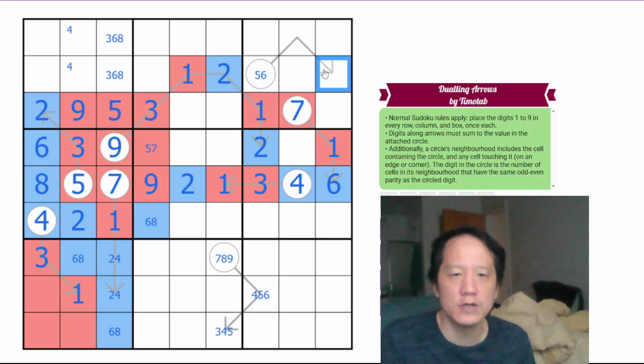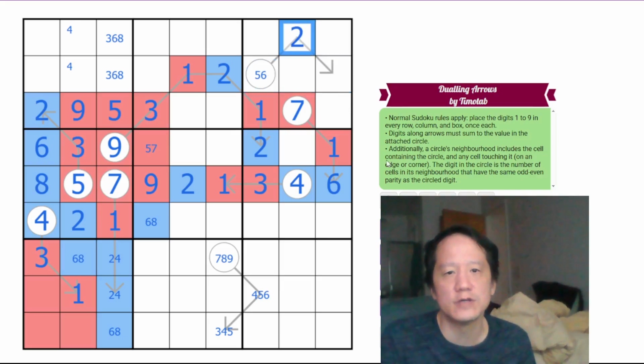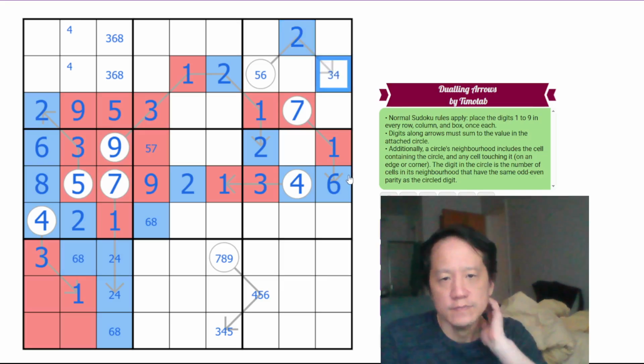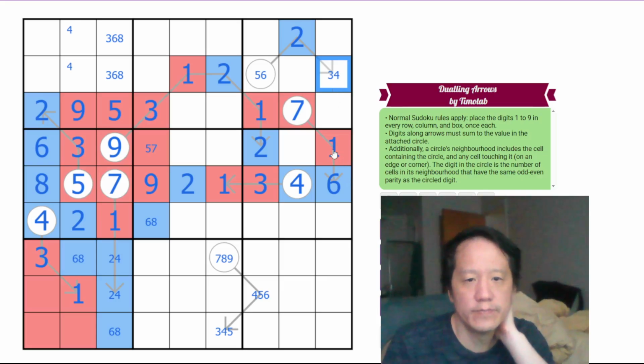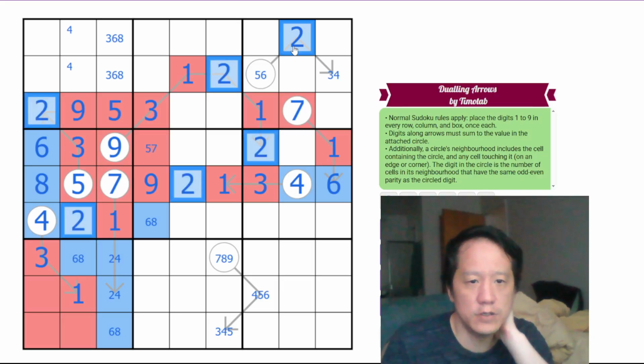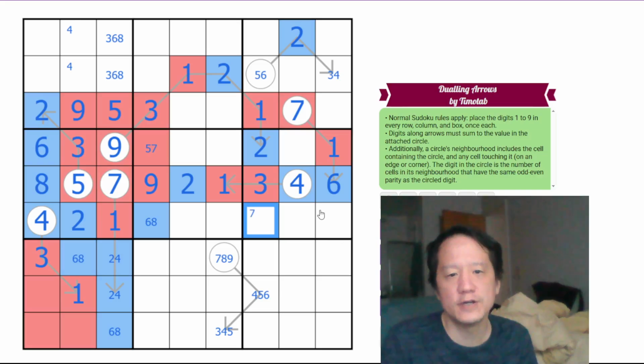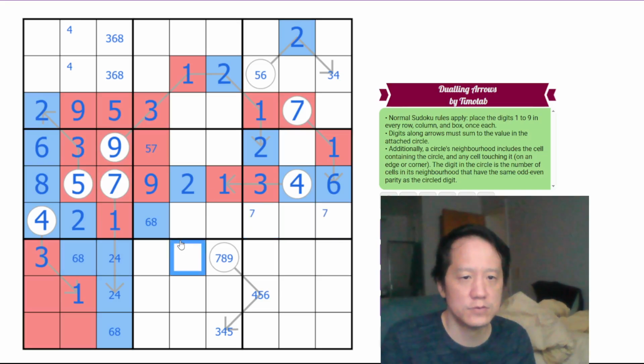2 can never be here. 2 has to always be here then. So this is always 2, and this is with 3 or 4 here. So 2's here. 7 cannot be here, therefore 7 has to be one of these two.